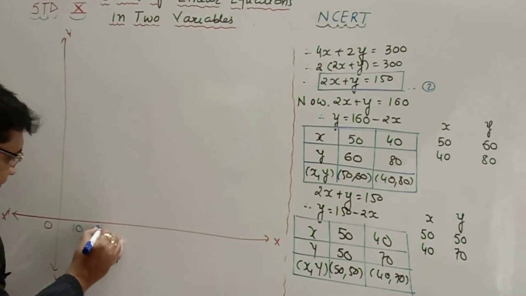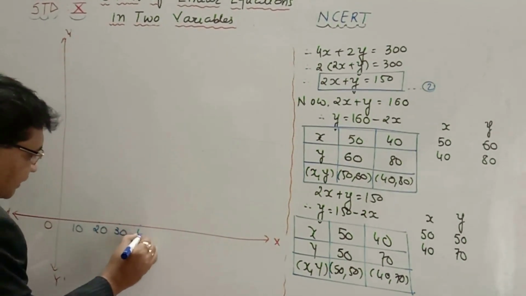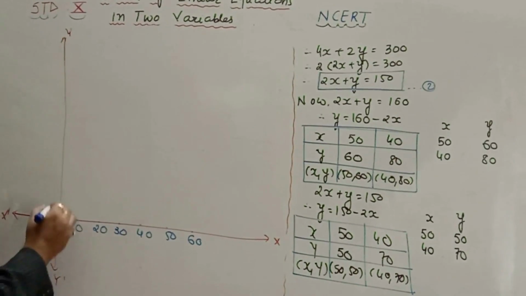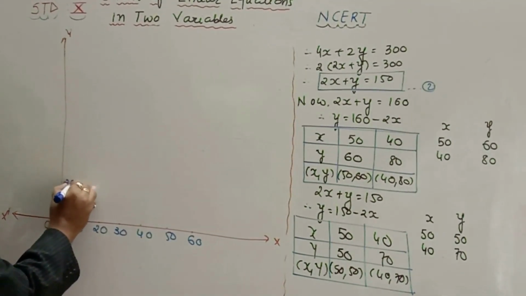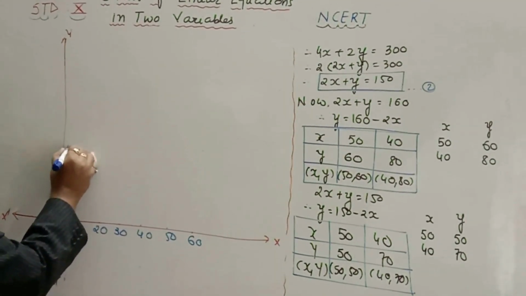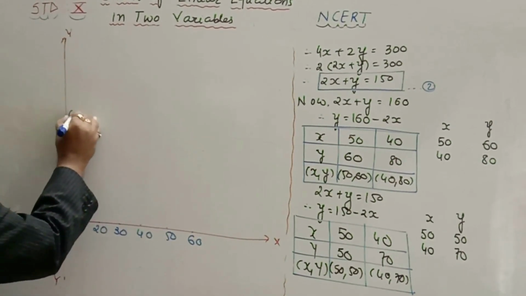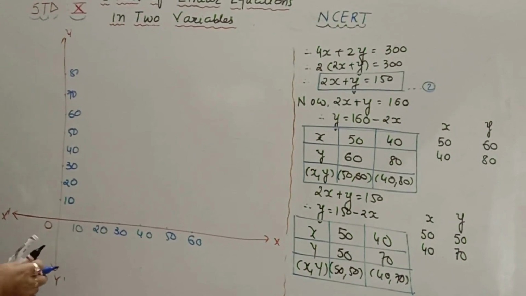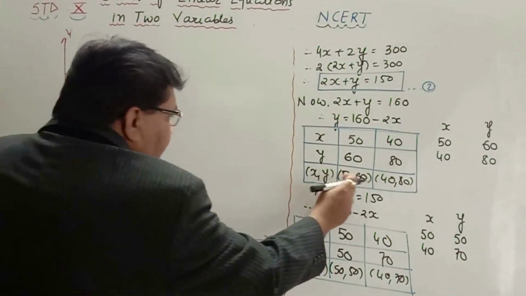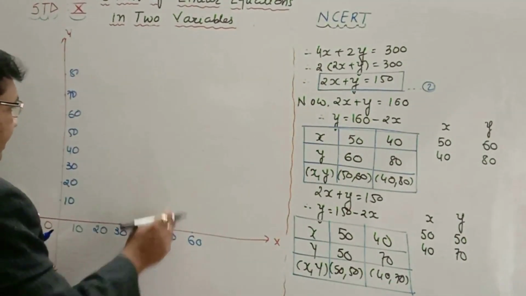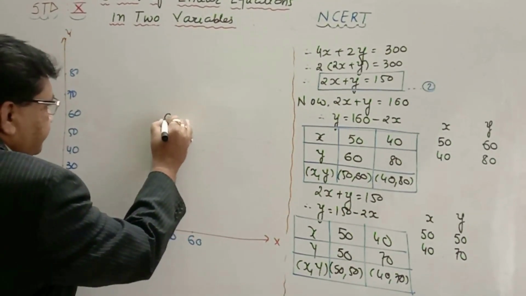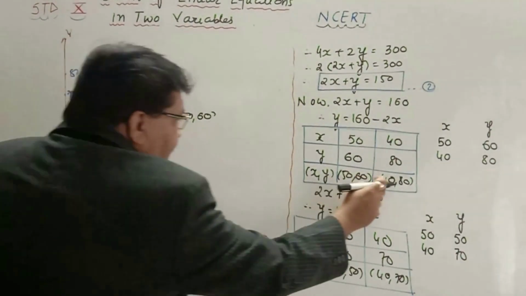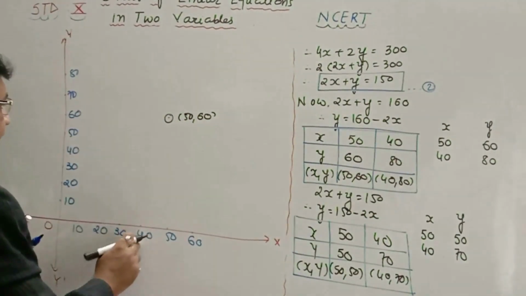On the x-axis we take 10, 20, 30, 40, 50 and 60. On the y-axis we take 10, 20, 30, 40, 50, 60, 70 and 80. Now the first ordered pair is (50, 60), and then (40, 80).